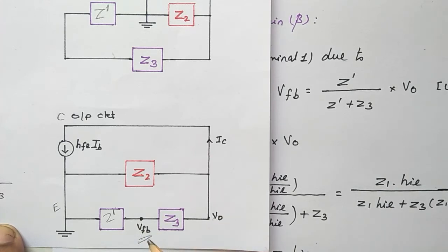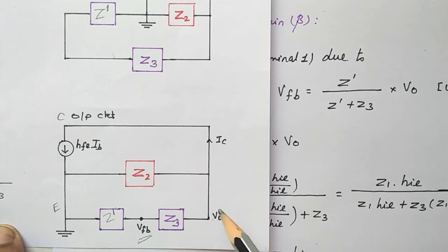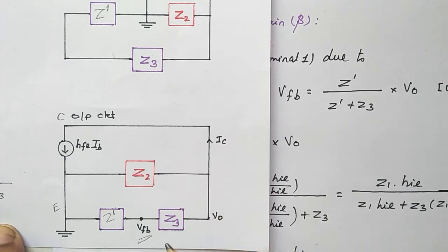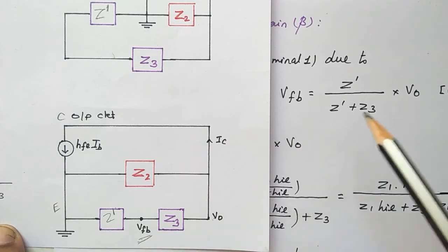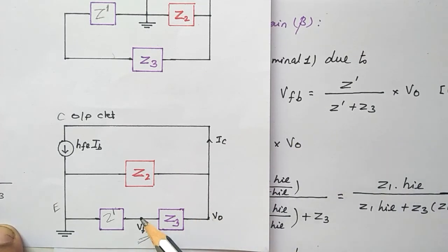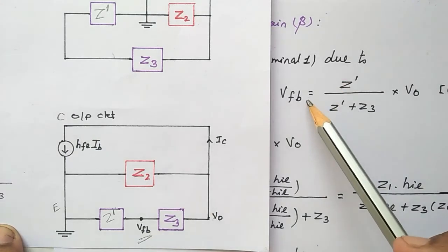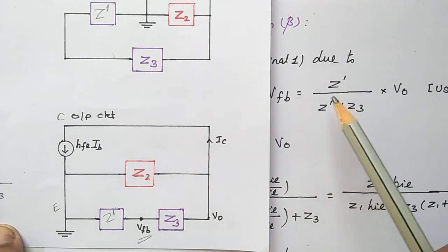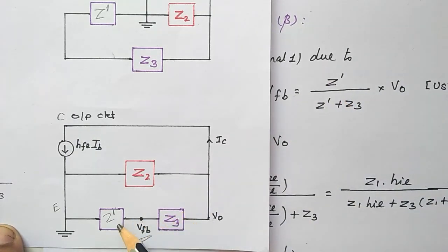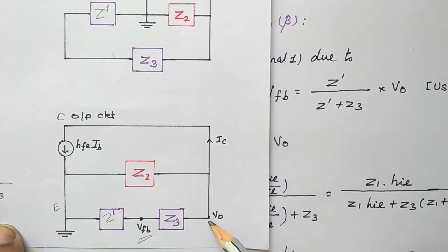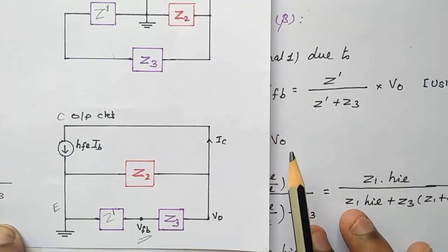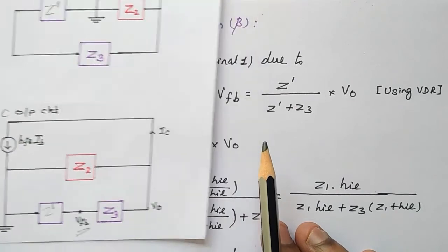The ratio of feedback voltage to output voltage is nothing but beta. So for that we apply the voltage divider rule. Hence VFB is equal to Z dash divided by Z dash plus Z3, into V0. That is written here using the voltage divider rule.